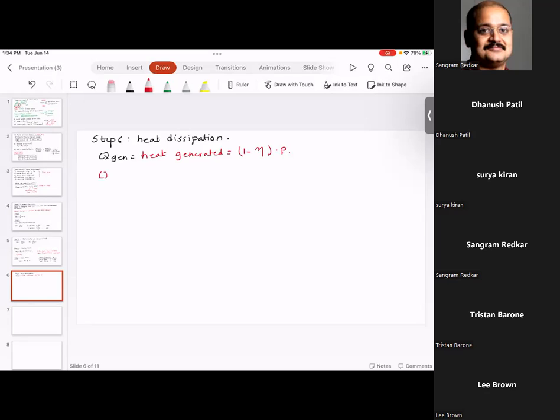Then you have to find the Q capacity, which is how much heat can be dissipated by that geometry, which is H times A times delta T. For the area, if nothing is given, you can assume pi times the diameter of the wheel multiplied by B. H is the heat transfer coefficient, and delta T is the change in temperature.